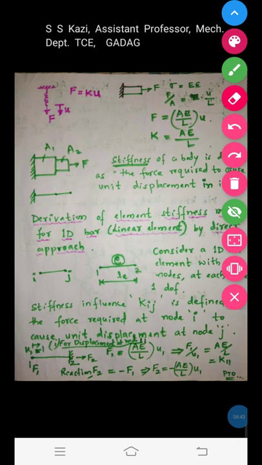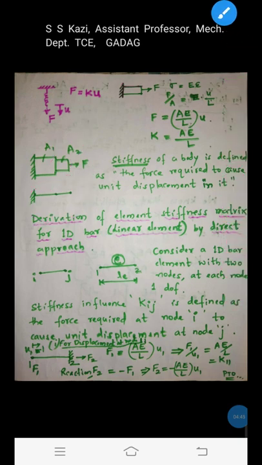This is how the procedure is followed in finite element method. I hope you have understood clearly the definition of stiffness and the difference between a simple problem and a complex problem. Now let us derive the element stiffness matrix for one dimensional bar by direct approach.